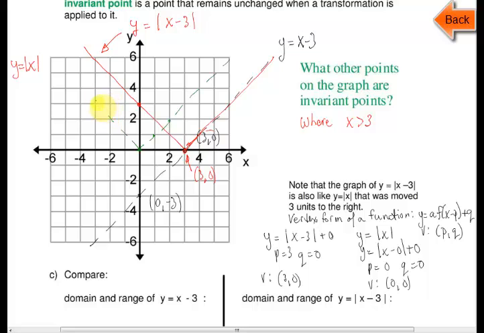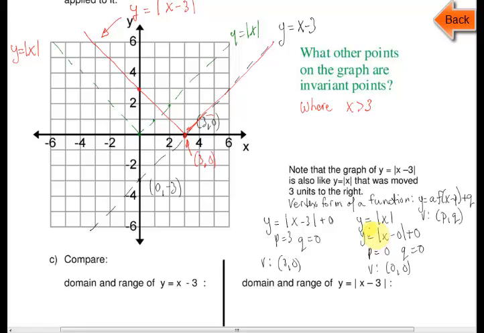Okay, so it has exactly the same shape. Okay, but it's shifted 3 units left from here, or if you like, the graph of y equals x minus 3 is shifted 3 units to the right from the absolute value of x. Y equals the absolute value of x.